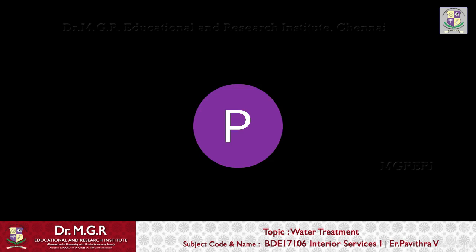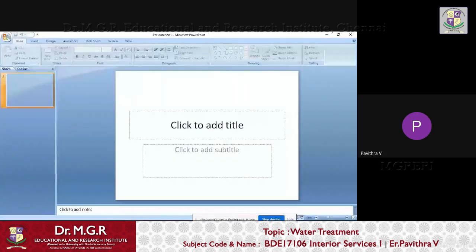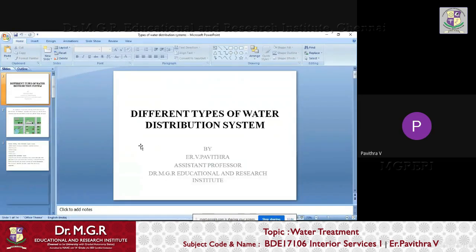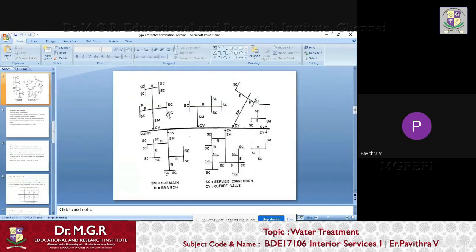So shall I share the screen regarding the types of distribution system? You have 10 more minutes. If anyone is interested in drawing those diagrams, you can use this time. So the dead end system, I want everyone to draw this one.